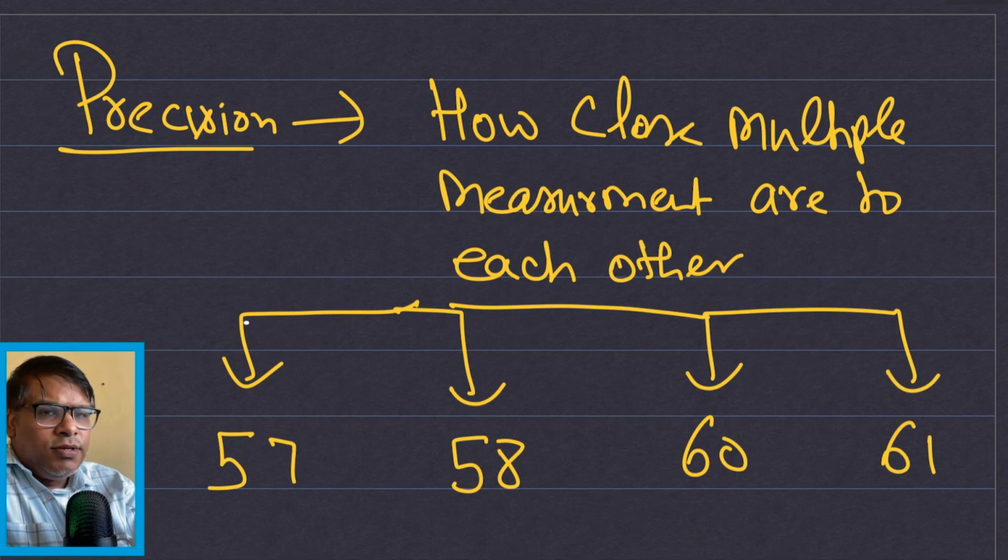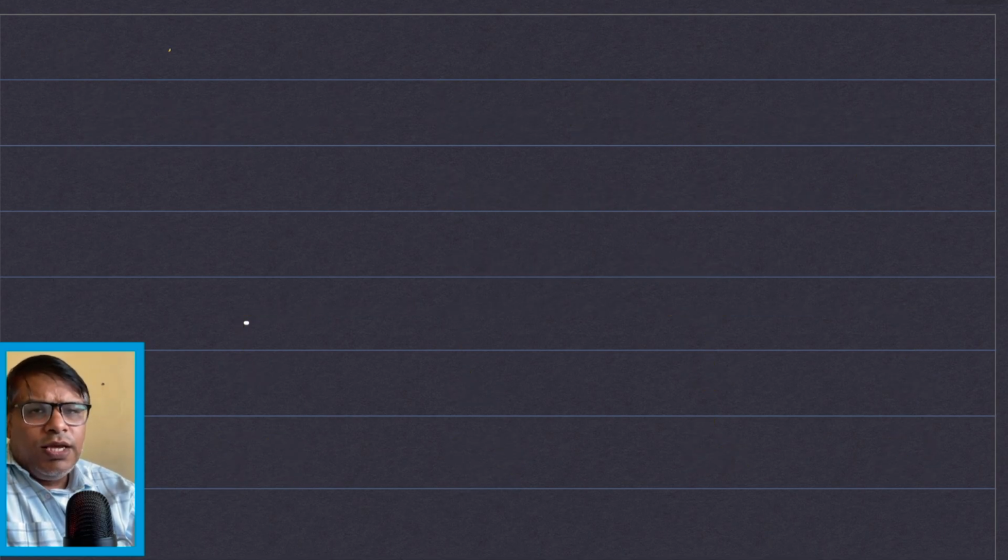Earlier you found it is 57. Next you reported 58. Next you reported 60. Next you reported 61. These are all more or less close, so here you are going to have much higher precision.